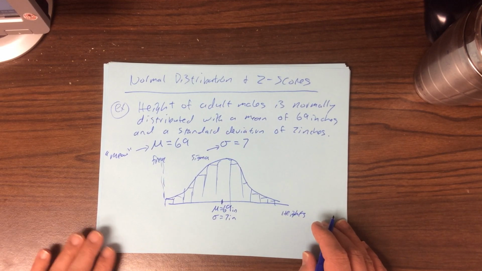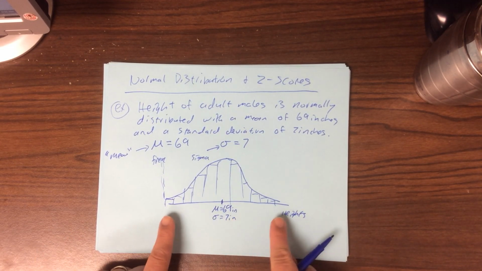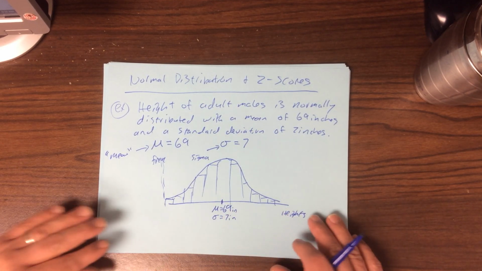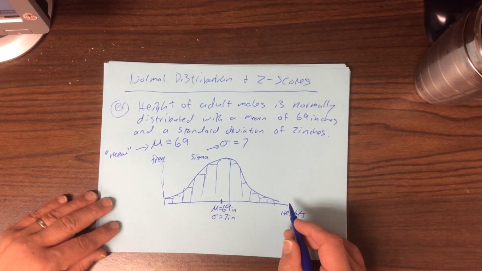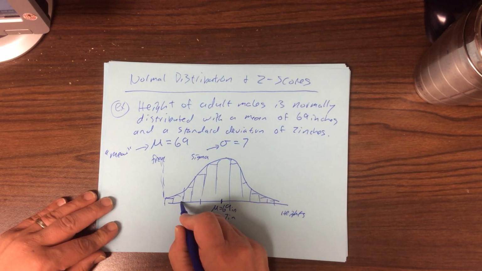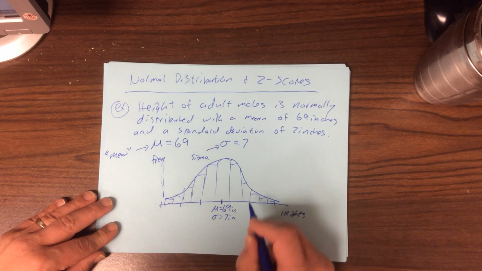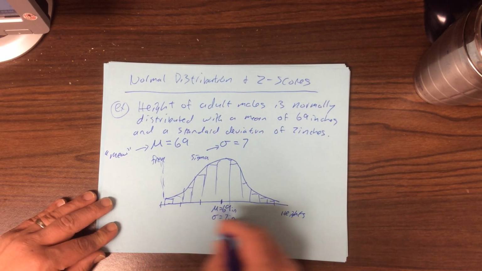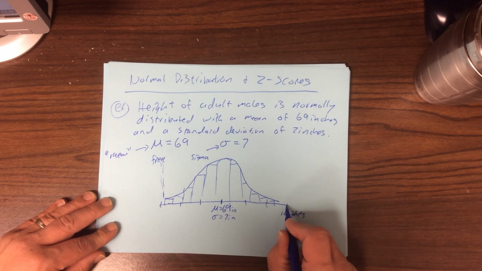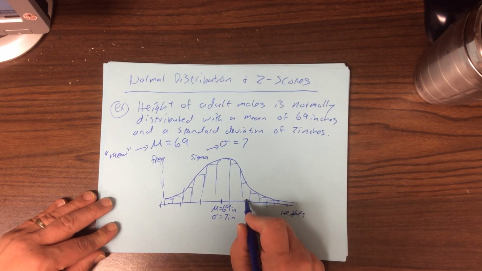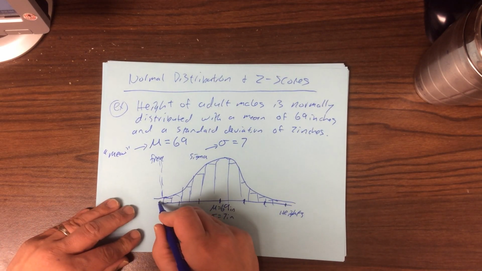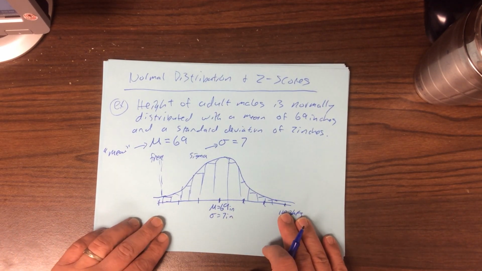Okay, and so one thing that's true about a normal distribution is pretty much all of the data is within 3 standard deviations of the mean. And so what I can do is put 1, 2, 3 standard deviations below, 1, 2, 3 standard deviations above. Okay, and pretty much all of the data is going to be within 3 standard deviations of the mean.